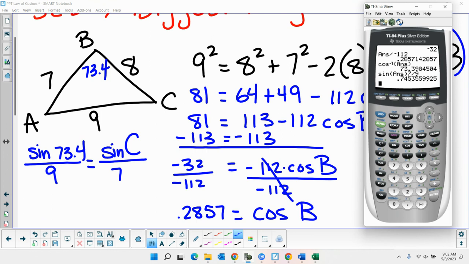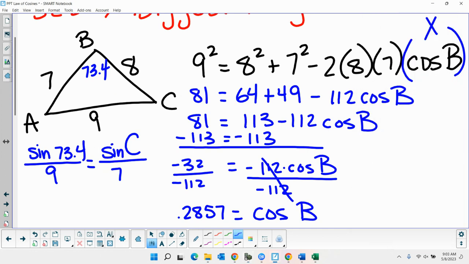Now I'm in law of sines. So what do I hit to find this angle? Second sine, second answer. Okay? Second sine, second answer. And this will be my angle measure for C. 48.2 for rounding to the 10th.